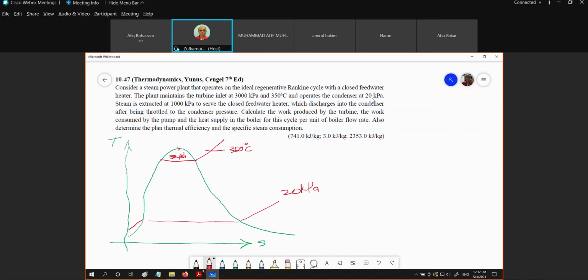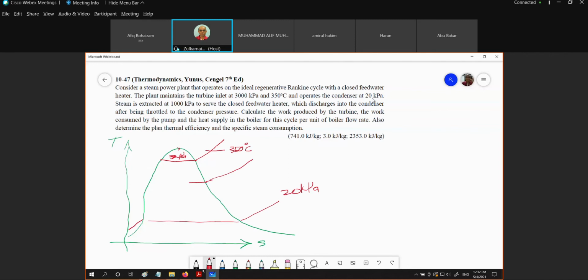So we don't know whether this pressure of 1000 will give us the end of the first stage of expansion as a mixture or still superheated vapor. So of course we need to prove it.